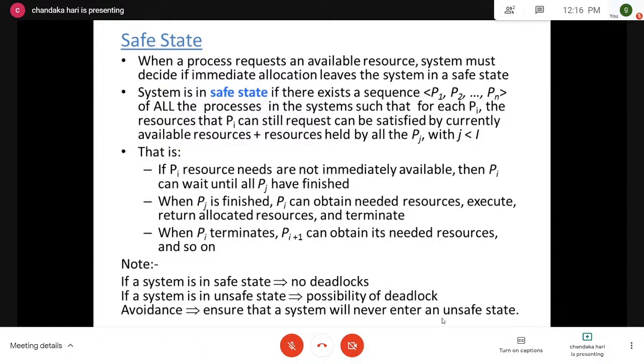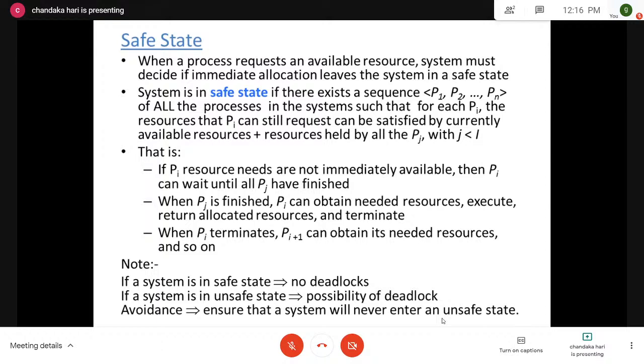That implies the currently available resources should satisfy the next process. That is, the system is safe if there exists a sequence P1 to Pn of all processes in such a way that for each Pi, the resources Pi still requests can be satisfied by the currently available resources plus the resources held by all Pj, where j is less than i.